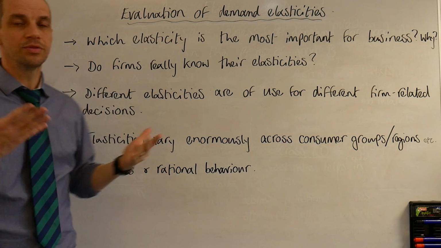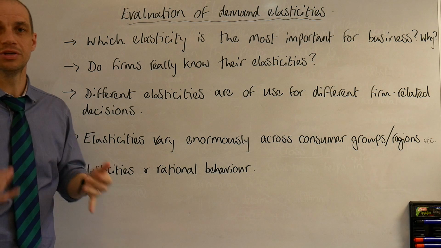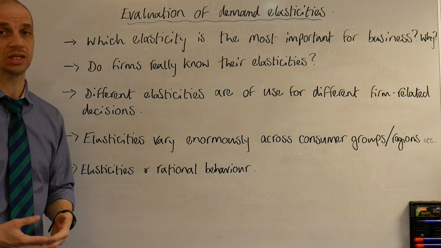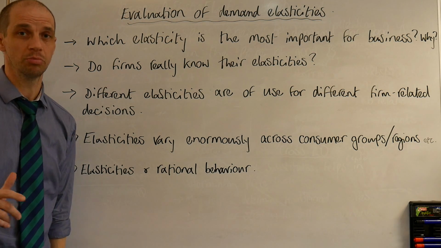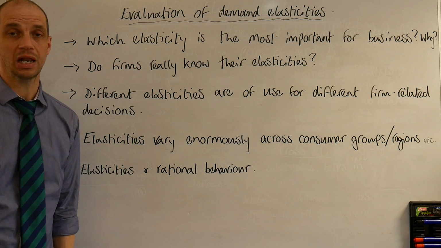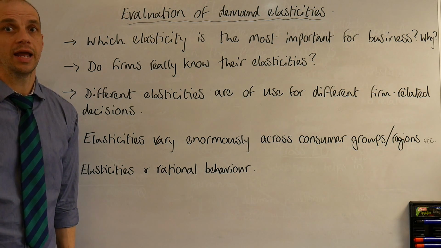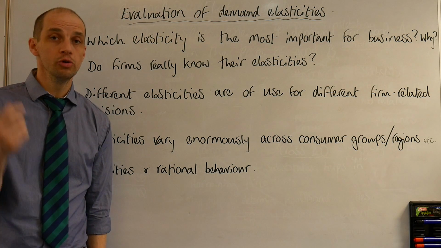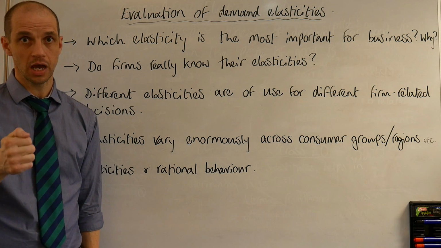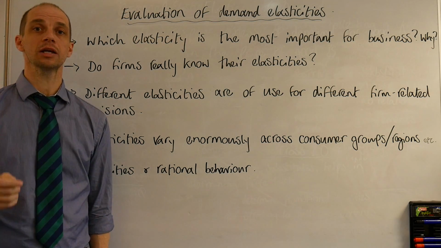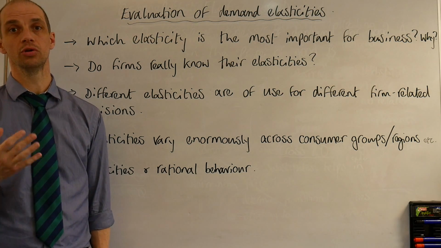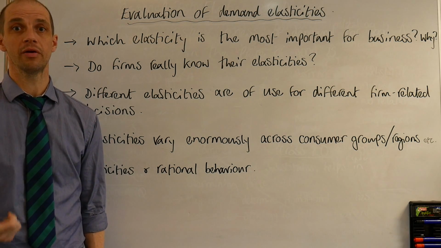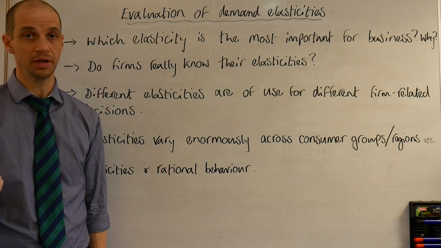Okay. But we've also got this point here, do firms really know their elasticities? Well, perhaps one of the best examples of a firm knowing their elasticities of demand is Uber. When you open up their app, that will communicate a price level to you, so you are aware of how expensive the cab is likely to be.